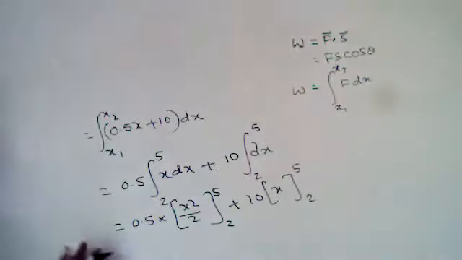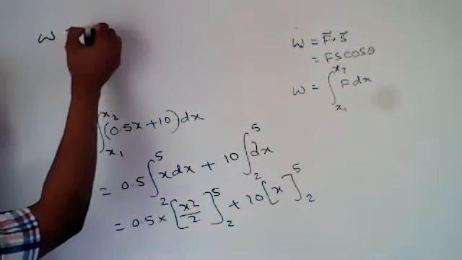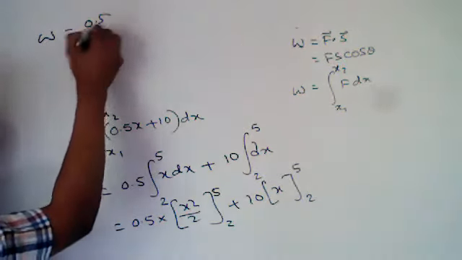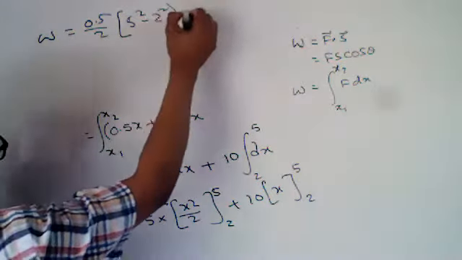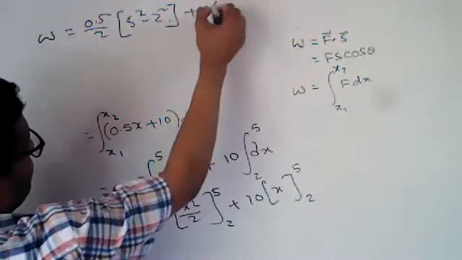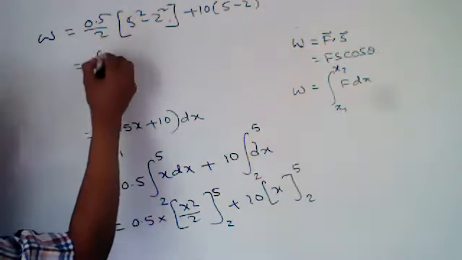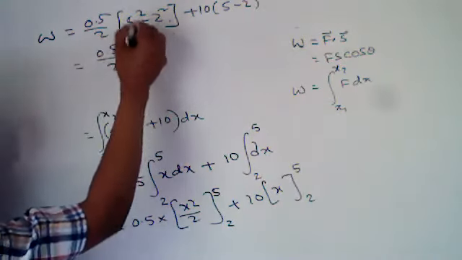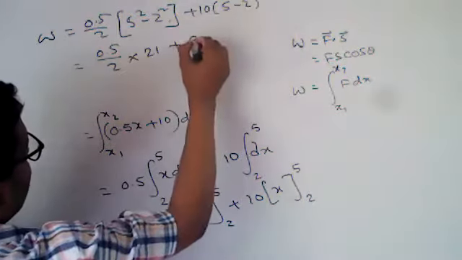Now, W equals 0.5 by 2 into (5 square minus 2 square) plus 10 into (5 minus 2). That is 0.5 by 2 into (25 minus 4), 21, plus 10 into 3, that means 30.